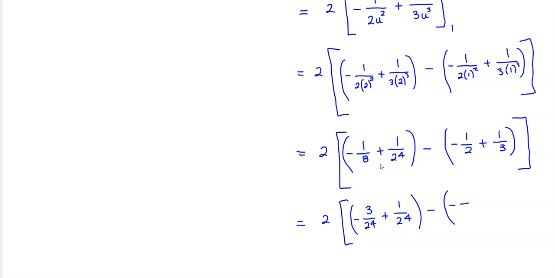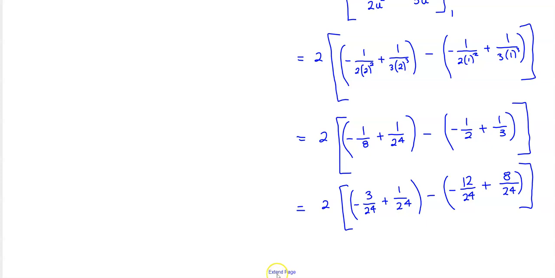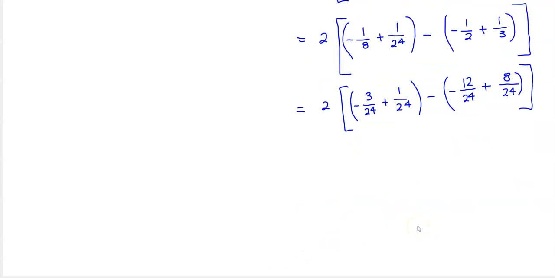Minus, over here, we want this to be 24, so 12 times 2 gives you 24. So this is going to be 12 over 24 plus 8 over 24. Let's simplify a little more. We have 2 times negative 2 over 24 minus negative 4 over 24, and that becomes a plus.